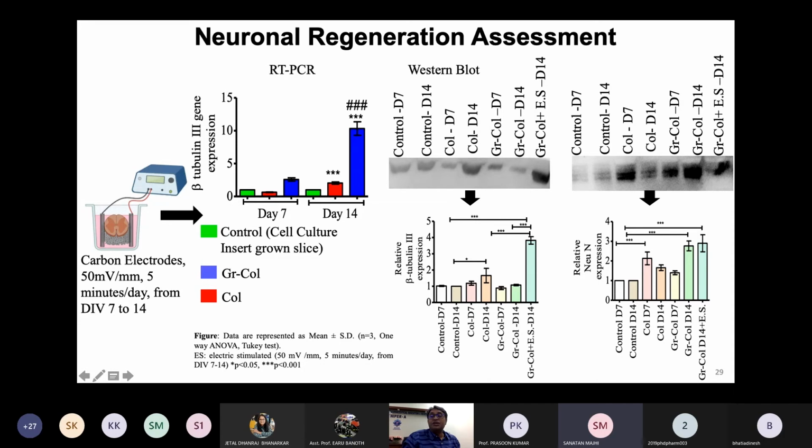Here there is not a significant difference, but GR-Col alone is showing the difference. Some Western blots faded off a little bit, but overall again GR-Col, with current also, is promoting neuronal regeneration and some suppression of inflammation.